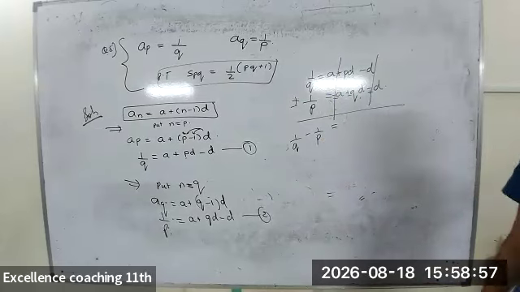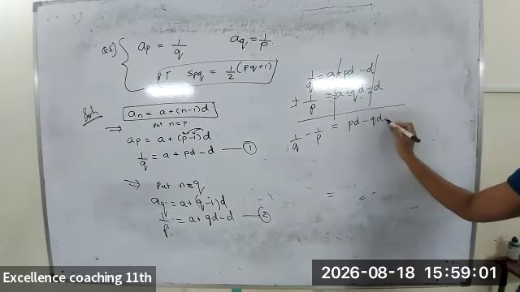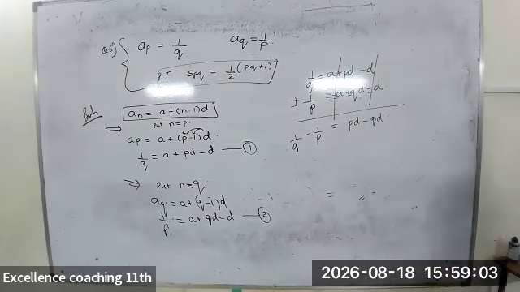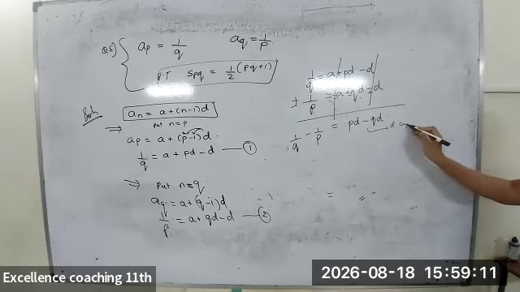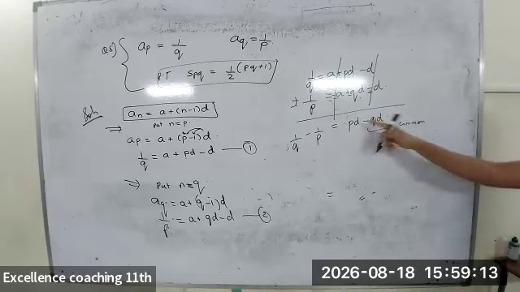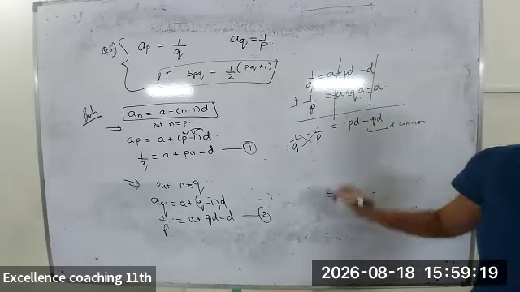Yeah, this also will cancel. pd minus qd. What is common? d is common. So take d common over here in the next step. And here you can cross multiply.